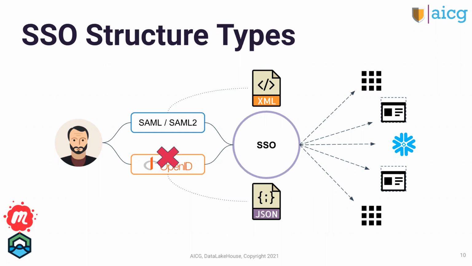SAML has been around for a while. It's a great protocol, very secure, and it allows a lot of additional customization where you can do some advanced SAML configurations. I think that's why it's one of the primary SSO integrations for Snowflake.